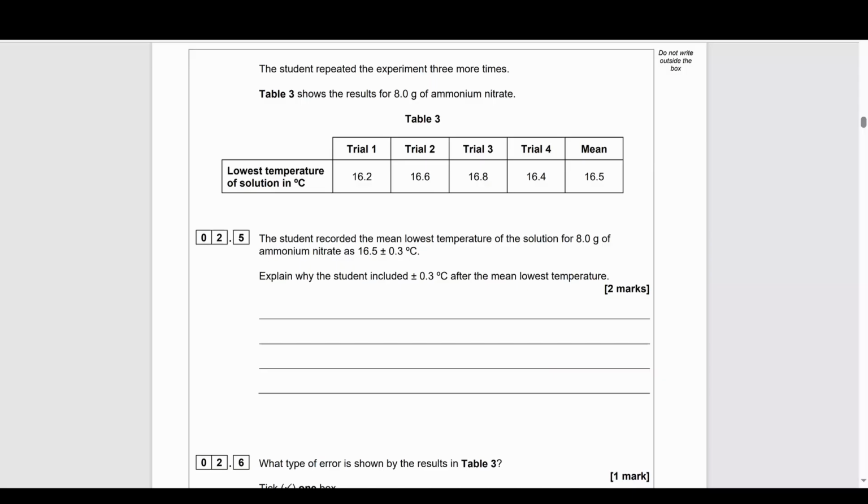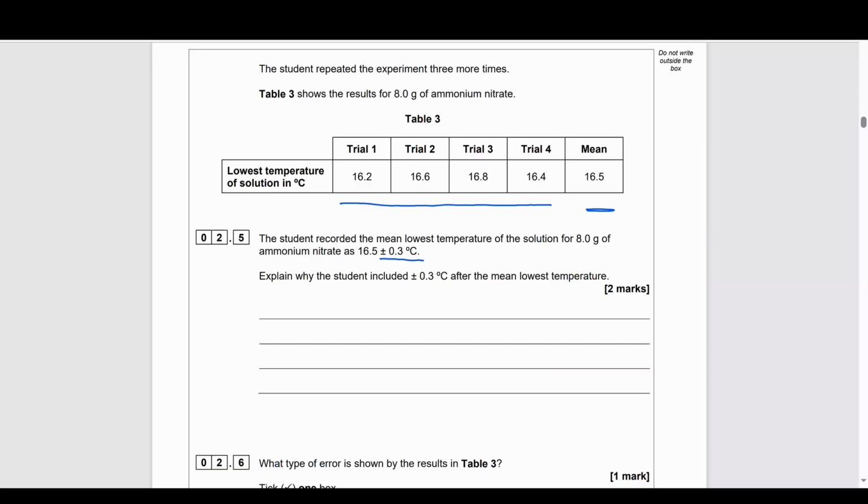The student repeated the experiment 3 more times. Table 3 shows the results for 8 grams of ammonium nitrate. So our 4 trials, and then a mean has been calculated for those results. 2.5. The student recorded the mean lowest temperature of the solution for 8 grams of ammonium nitrate as 16.5 plus or minus 0.3 degrees Celsius.